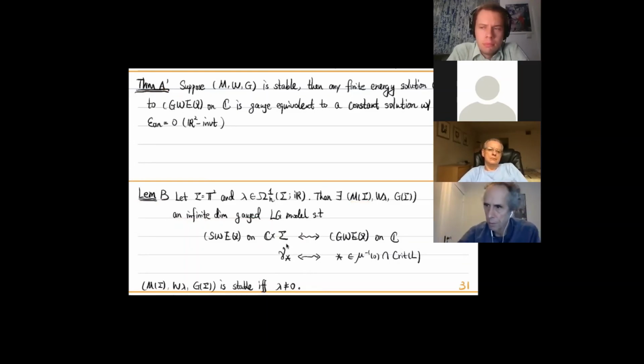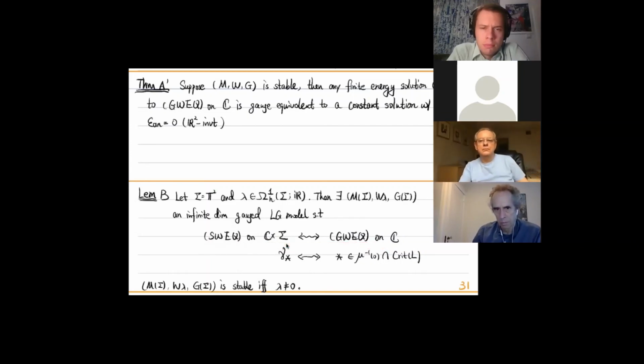But otherwise, the proofs of Theorem A and Theorem A prime are identical. So this is everything I want to say about the proof. I think this relation between the Seiberg-Witten equations and gauged weighting equations was probably not well known before. And this is really the point I want to make for today's talk.